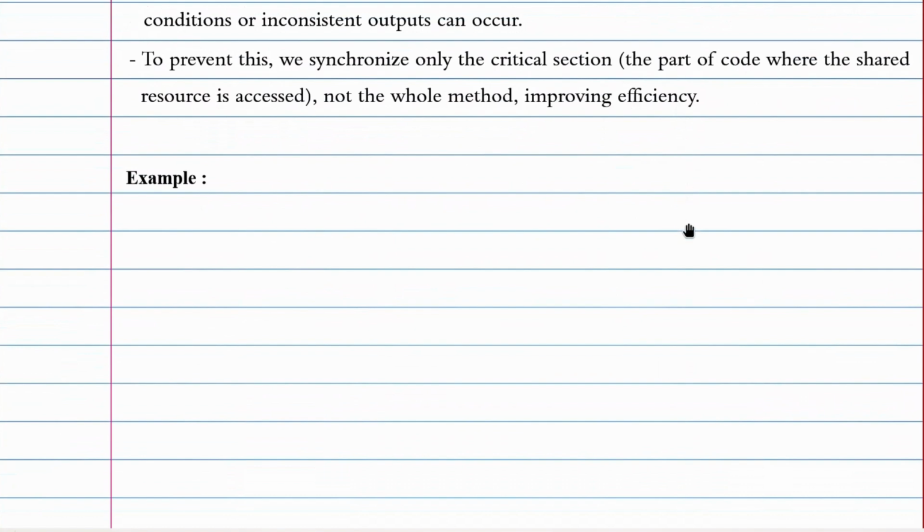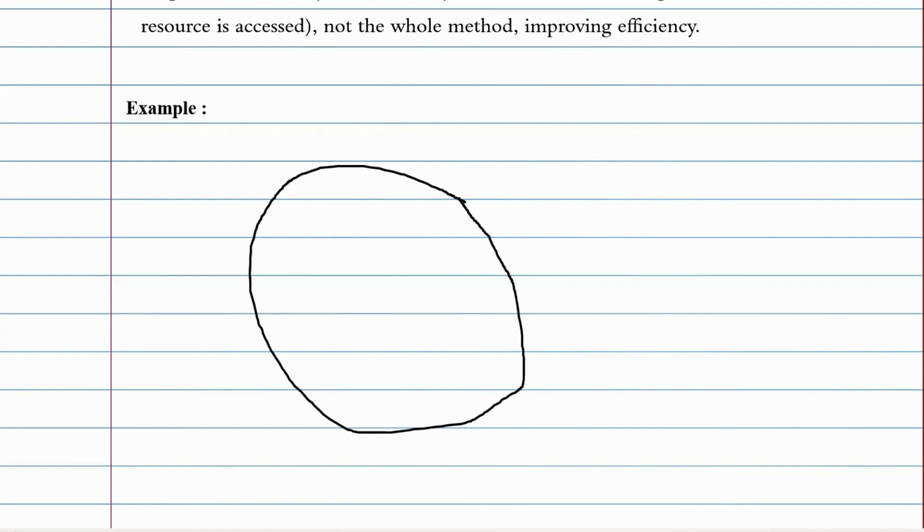So let's take an example. Suppose you are in a bank, and in that bank there is an ATM machine. I will label it as well. So this is the bank, and in the bank there is an ATM machine. Suppose you need some money and you want to withdraw money from the ATM. To withdraw the money, you have to enter some credentials.